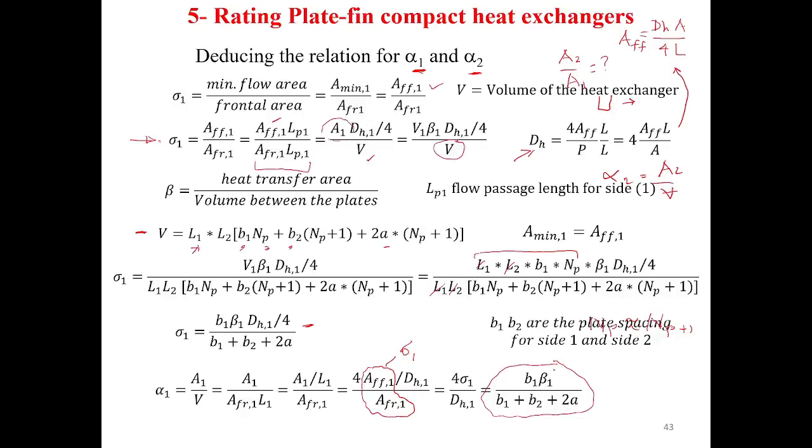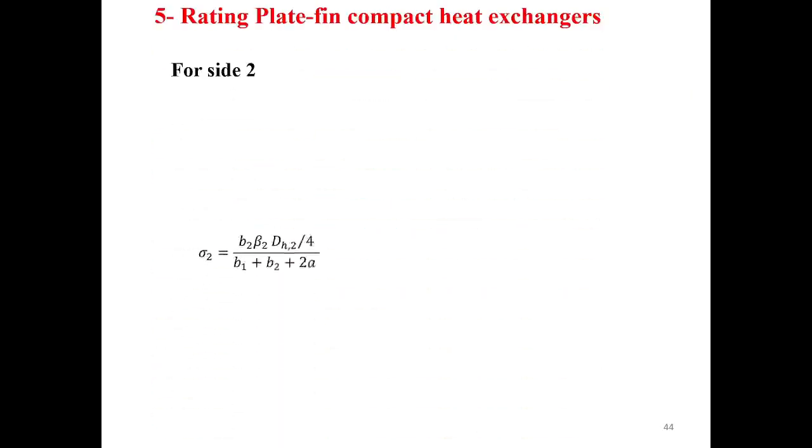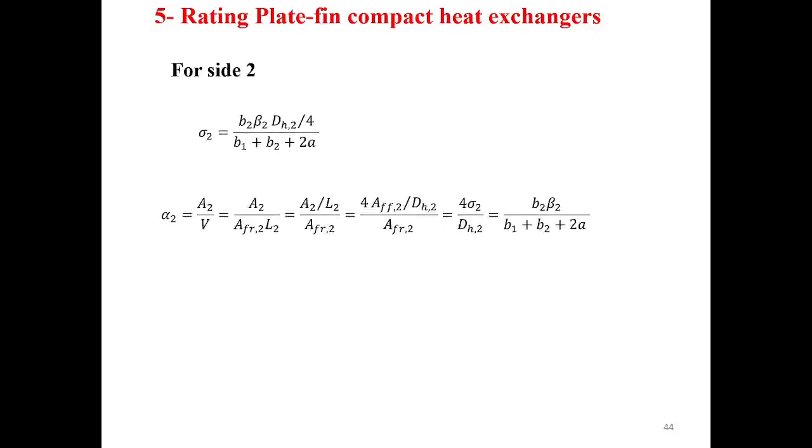So if you know the surface, you can find alpha in terms of B1, B2, A and beta, which is a very, very important conclusion. Of course, we can do the same thing for side 2, do the calculations again, and you get another expression for alpha and sigma. So alpha 2 is going to be this expression, which is what we are looking for.